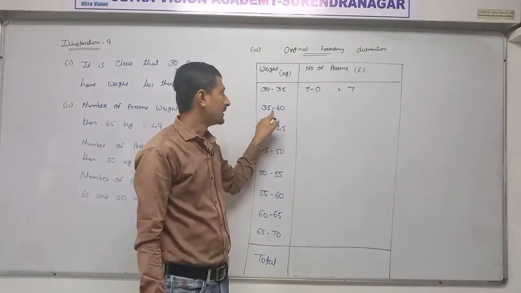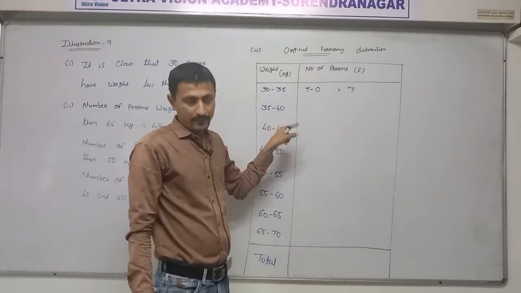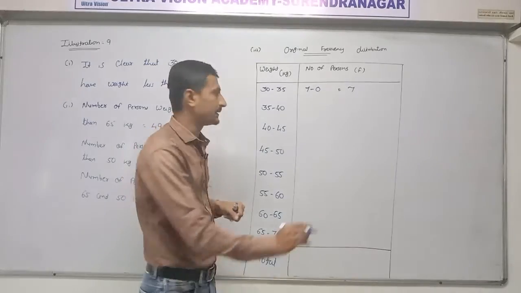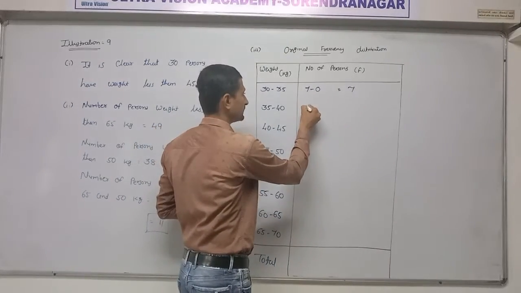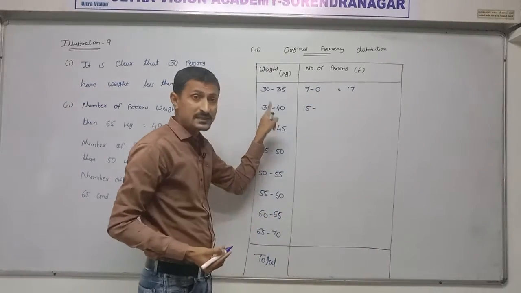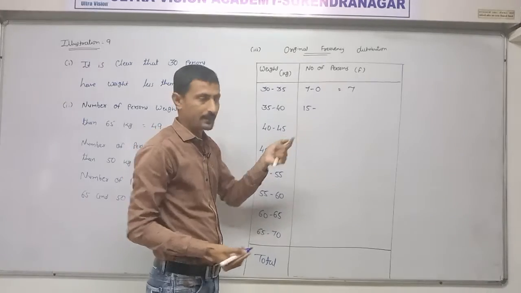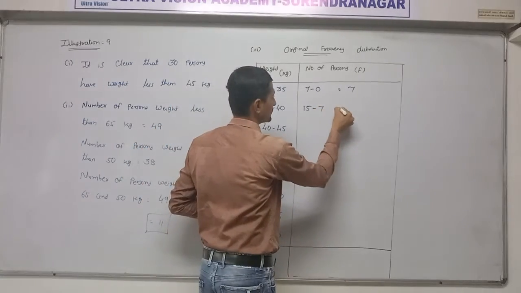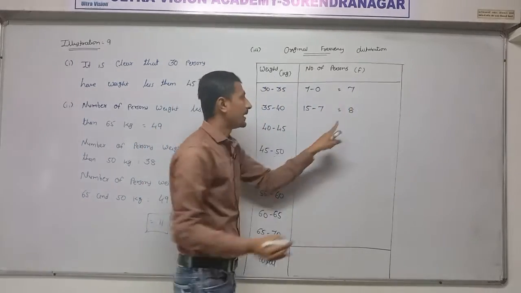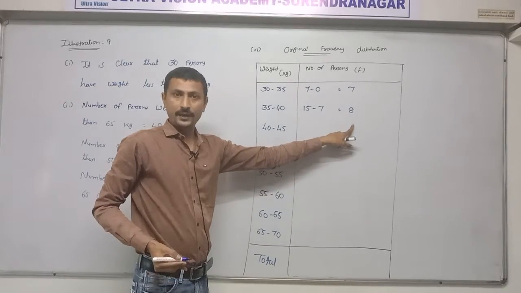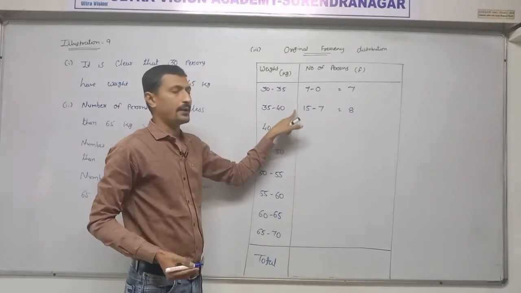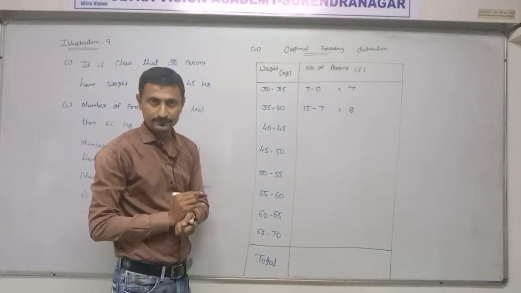Next, less than 40, the number of persons is 15, minus less than 35, which is 7. The difference is 8, so 8 persons have weight between 35 and 40 kg.